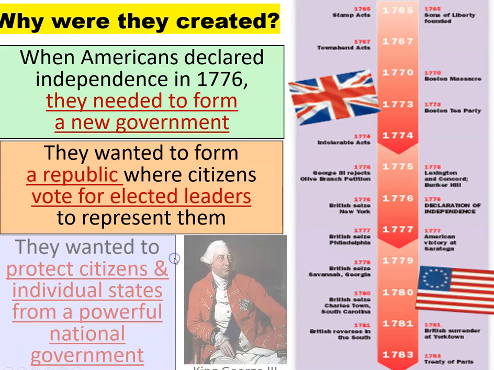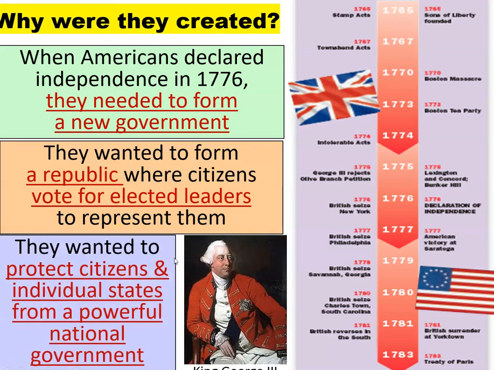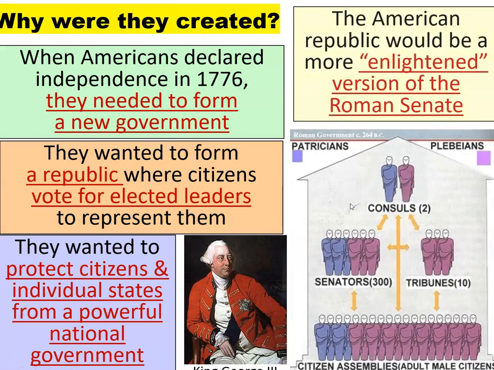But they also wanted to protect individual citizens and states from a very powerful government, because that's what they had with King George, a way too powerful government in their eyes. So they wanted to create an enlightened version of a Roman Senate, where you elect people to make decisions for you.